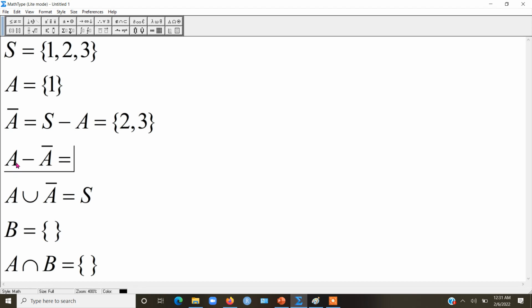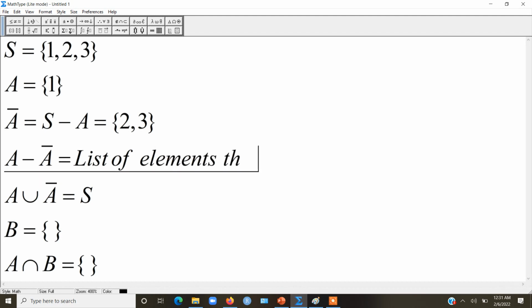So A minus A bar means the list of elements that are in A but not in its complement.